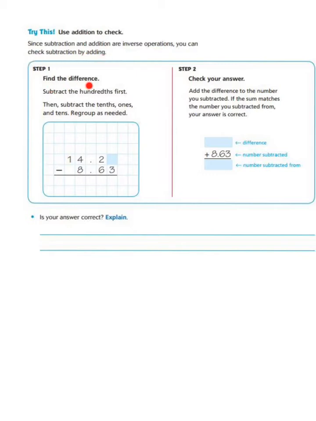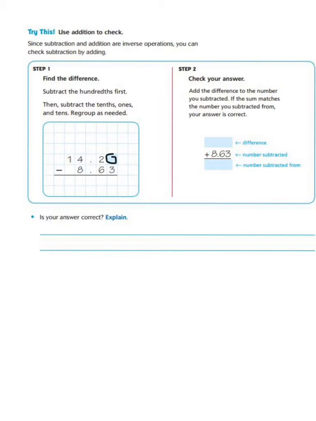So we're going to find the difference, which means we're going to be subtracting. So we're going to subtract the hundredths first, then subtract the tenths and ones, regrouping as needed. However, since we have no digit in our hundredths place, we have to replace that with a 0.